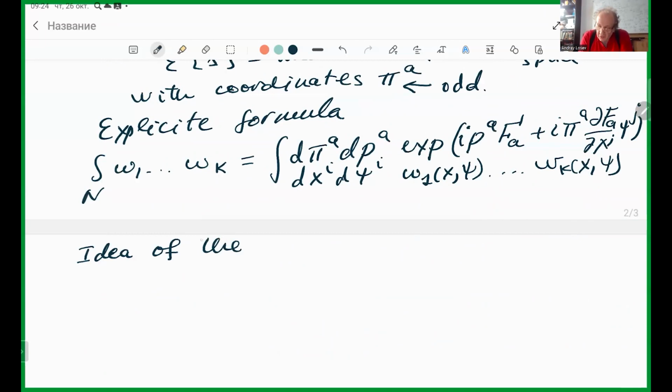Idea of the proof. I call it Mathai-Quillen integral.